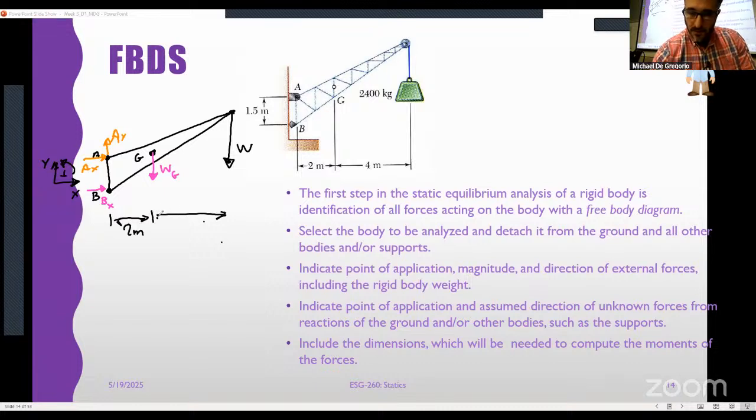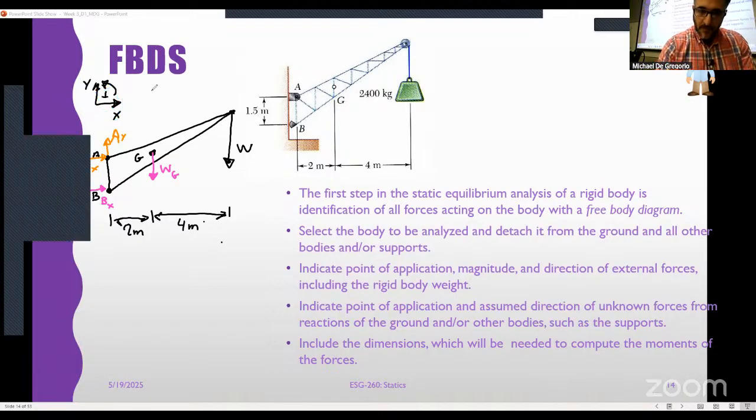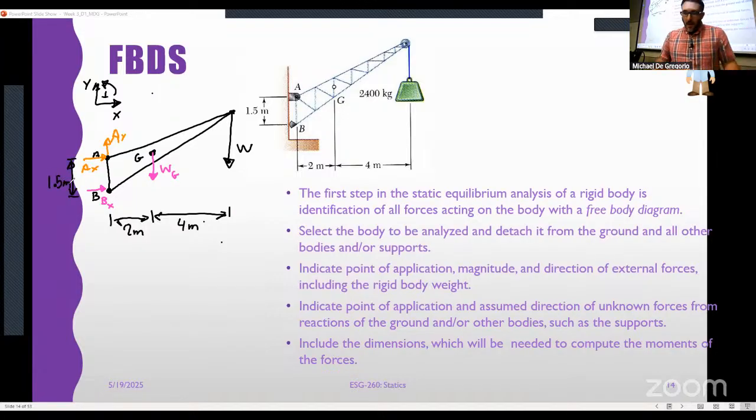This distance here, 4 meters. And this distance, which I've conveniently drawn my coordinate axes in, is 1.5 meters. And there's our free body diagram. It takes care of everything.